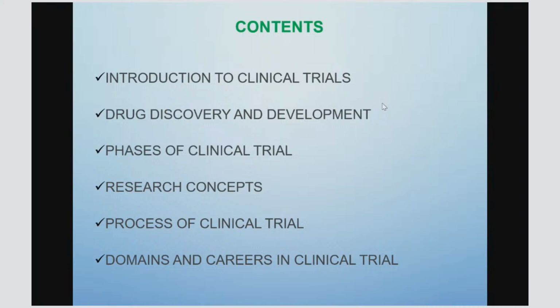We'll look into what exactly clinical trials are, what drug discovery and development is, what the process is and how a drug is discovered and developed, what the different phases of clinical trial are, the research concept, how we do research in clinical trials, the process and different steps of clinical research, and the domains and careers in clinical trials, and what we can get after completion of this course.